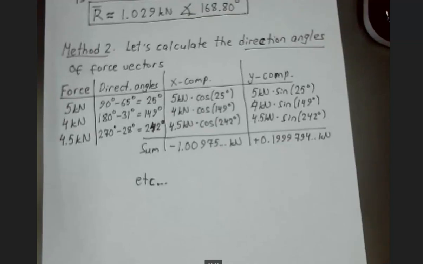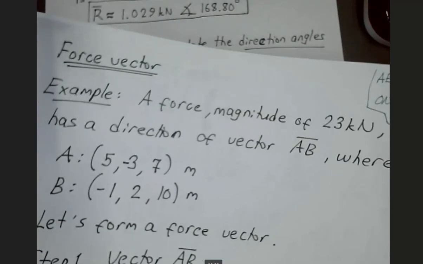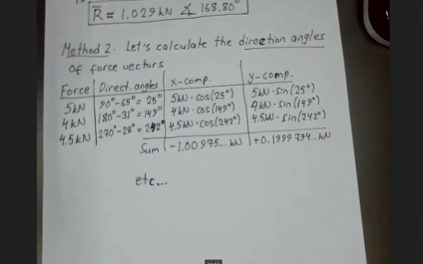Assignments 5, 6 and 7 are assignments where you have to calculate the resultant force, and then assignment 8 is the assignment where you have to create the force vector. So you will get practice for these concepts we had in today's lesson.